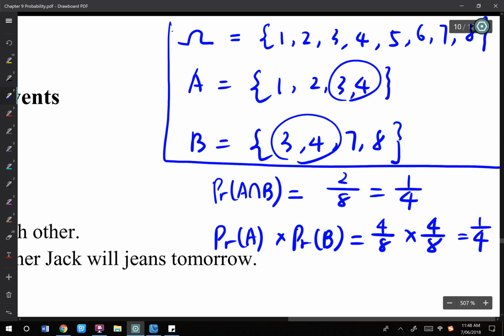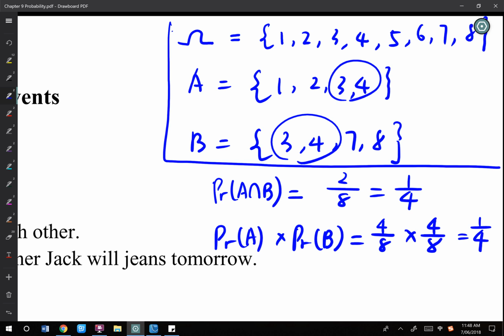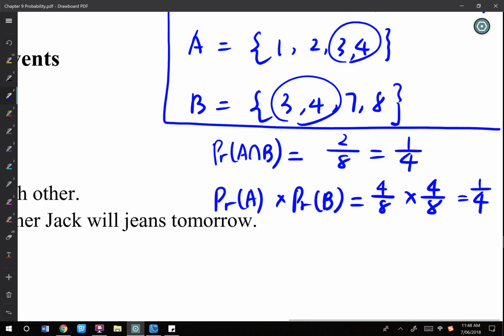Even though they are equal, you can't write that they are equal at the beginning because you don't know at that time. You only know after you do the calculations. So you do the calculation for the left-hand side, you do the calculation for the right-hand side, then you compare them, whether they are the same or not. You make the conclusion here. You're not assuming anything.